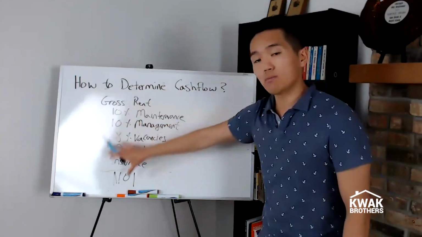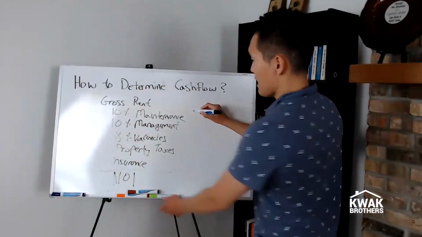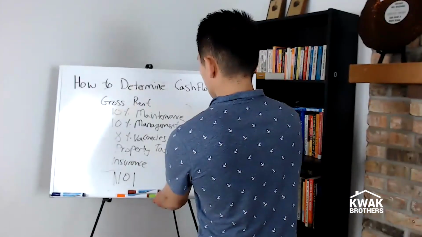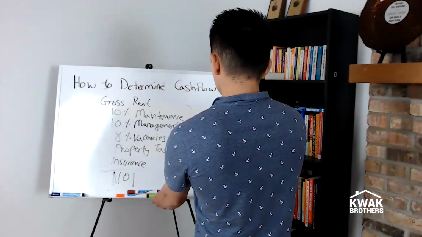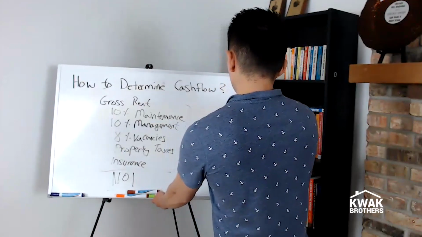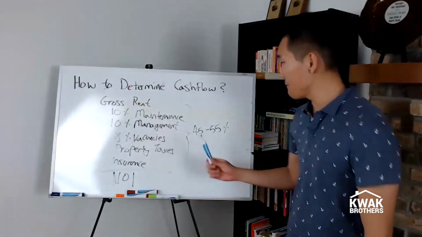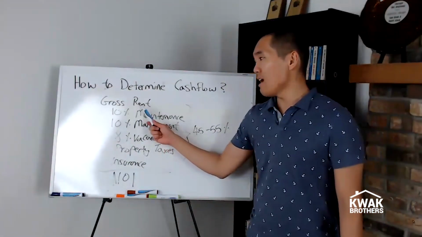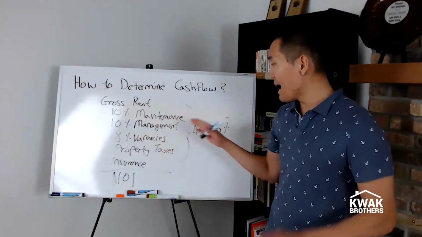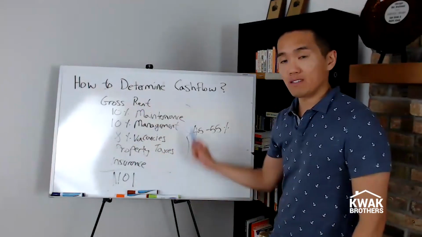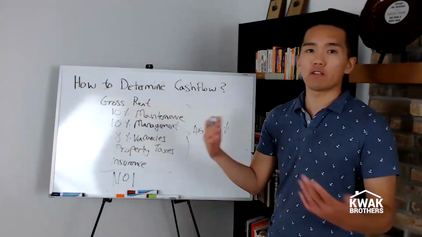Typically, with all the expenses adding up, you're going to see anywhere between 45 to 55% expenses to income ratio. So what that means, typically, half of your gross rent may just end up becoming your expenses. Now, again, it depends on your market. It depends on your situation.